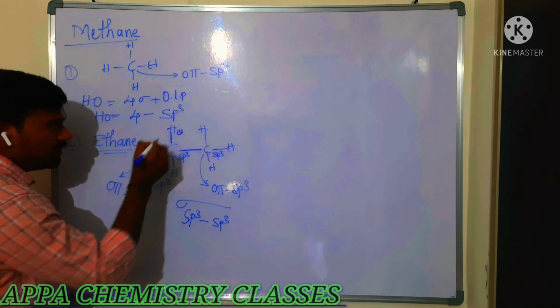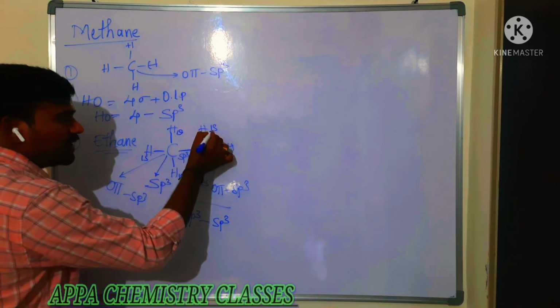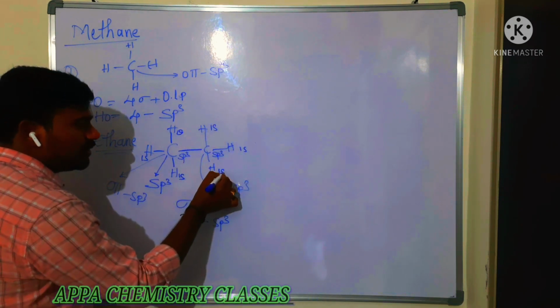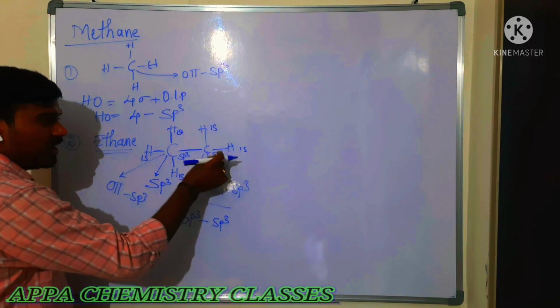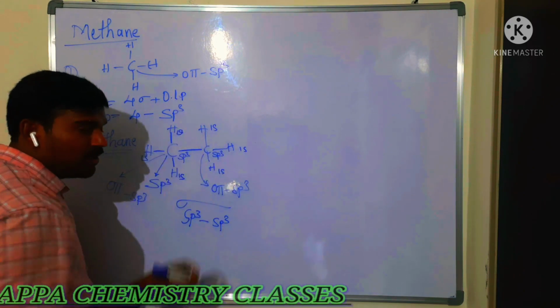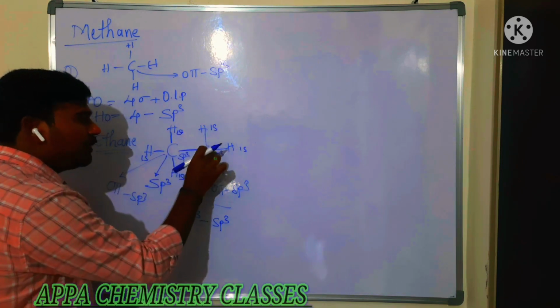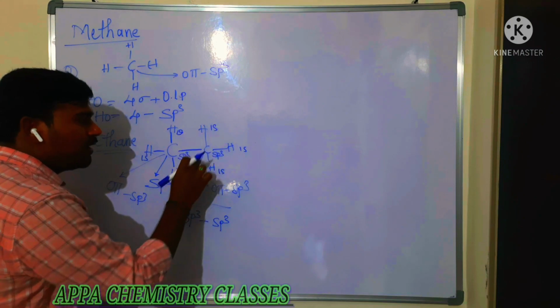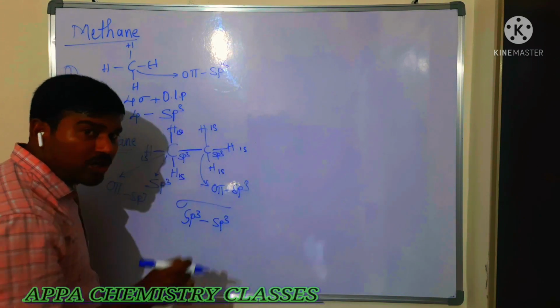Similarly, each hydrogen has a 1s orbital. Here also a 1s orbital containing one unpaired electron is there. That unpaired electron containing orbital will overlap with an sp3 hybrid orbital of this carbon. One hybrid orbital is involved here. 3 more hybrid orbitals are there for this carbon. Each hybrid orbital will overlap with the 1s orbital of a hydrogen atom.